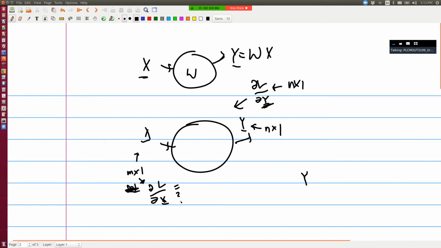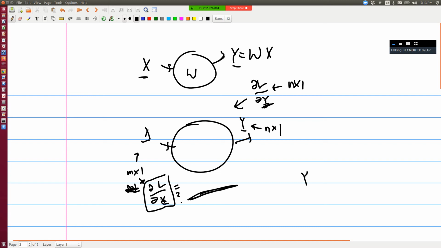Dr. Sam, are you asking for the dimension? I'm asking what this should be: the partial derivative of L with respect to X. How do I compute that? We looked at the scalar case, now we look at the vector case.